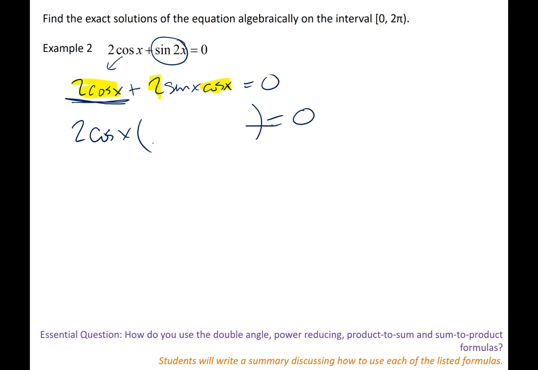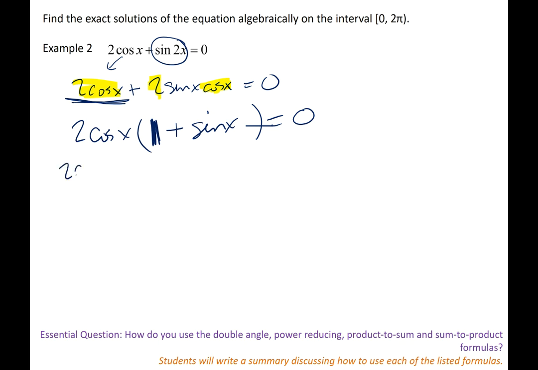There's the 1 I've written a million times. Plus, what's left in the second spot? Just sine x. Okay. Now we're ready to do zero product property and tear that apart and set each term equal to 0.